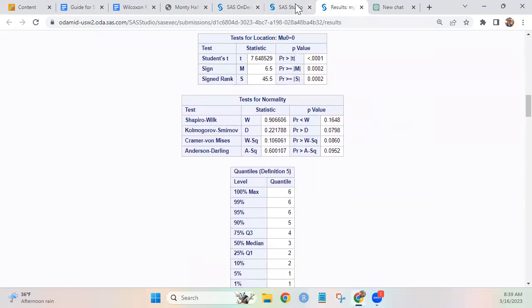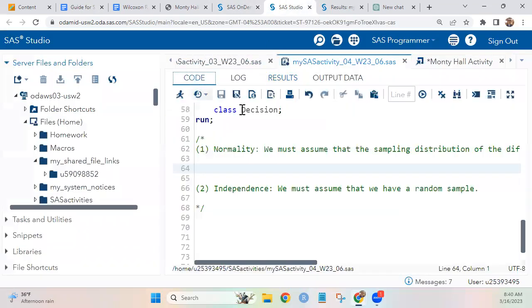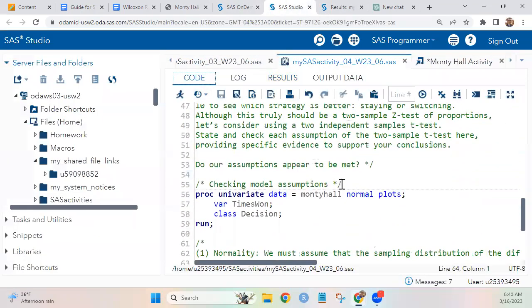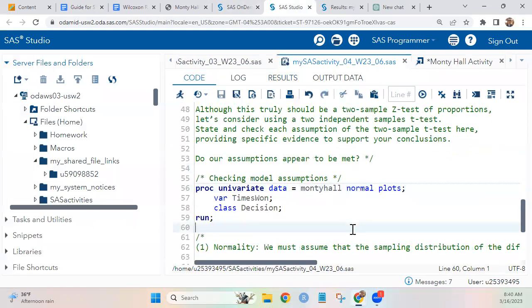And I think I added this normal option here, which we did not have last time. So we add the normal option that also gives the hypothesis tests of normality.